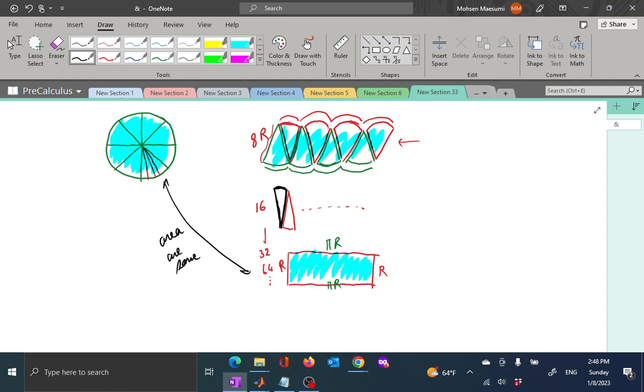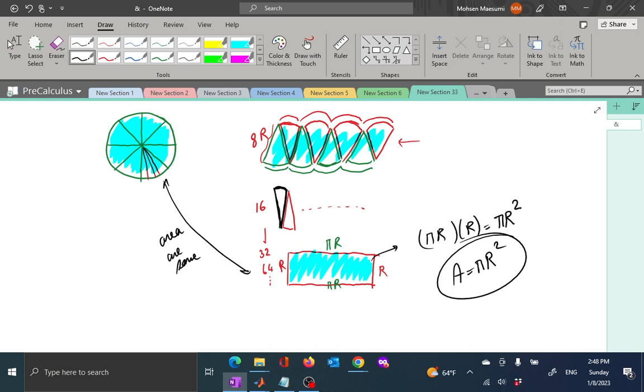What's the area of a rectangle? Side times width. So pi r times r, which is what? Pi r squared. So that's one way to justify why the area of a circle is pi r squared.